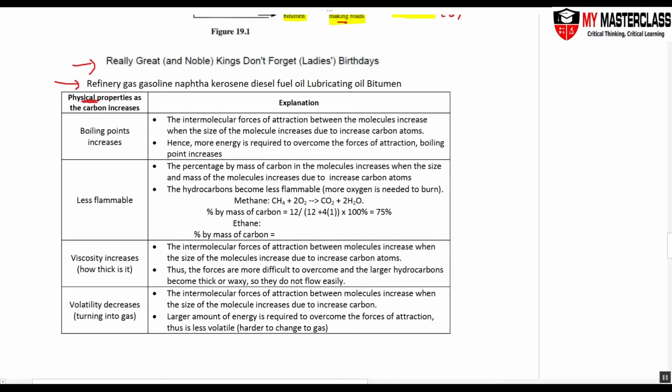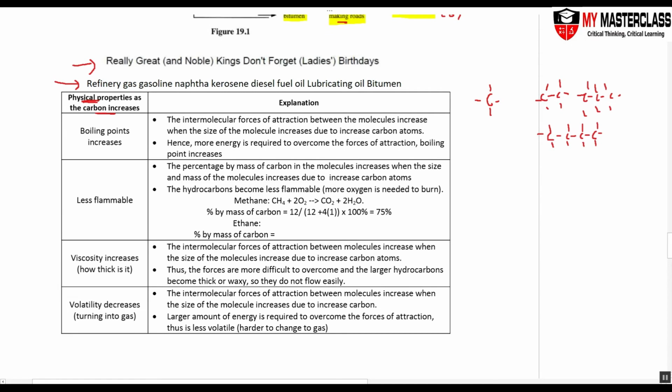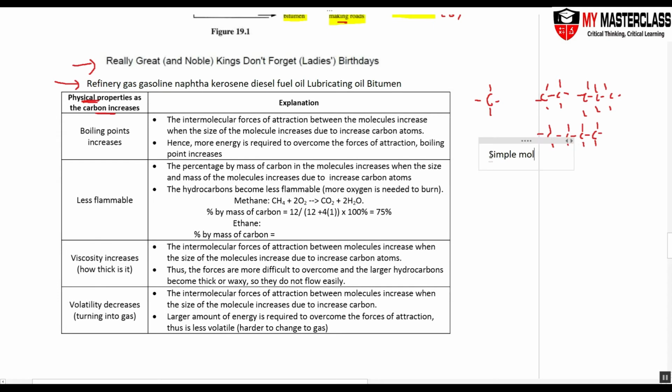Okay, physical properties, how do they change as the number of carbon increases? So for example, your first fraction, you have the first carbon, second carbon, third carbon, and then the last one, your fourth carbon. This is your first fraction, and all these are refinery gases. So what happens is this is your simple molecular structure.